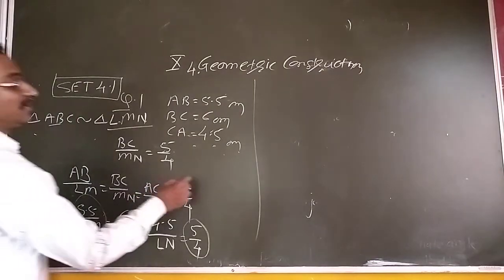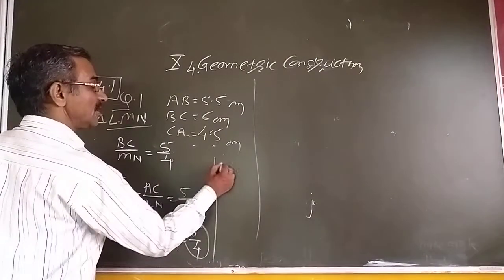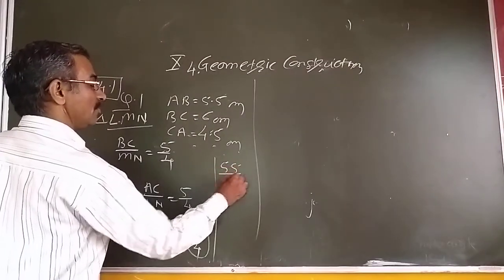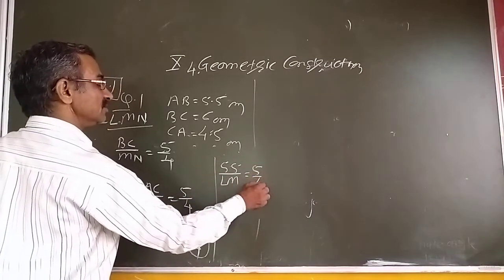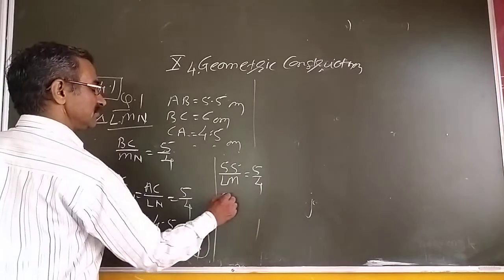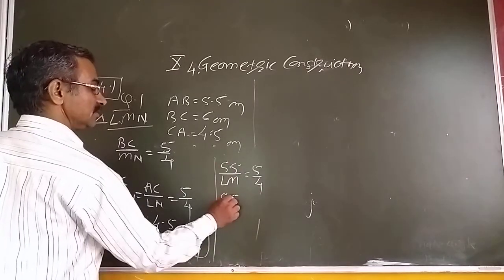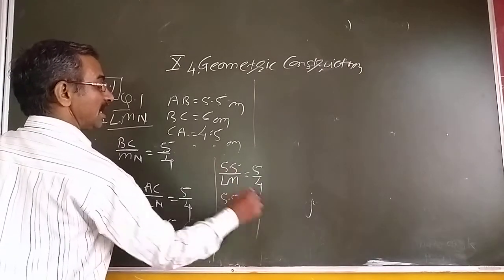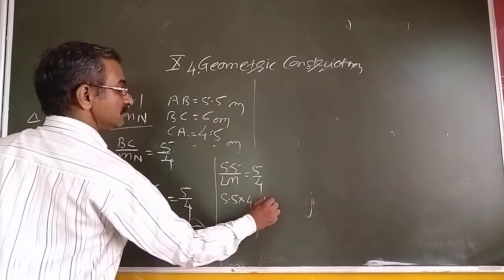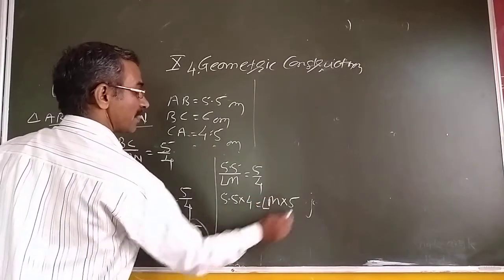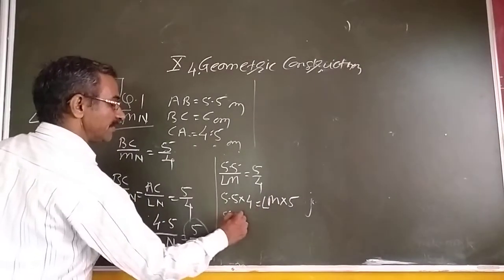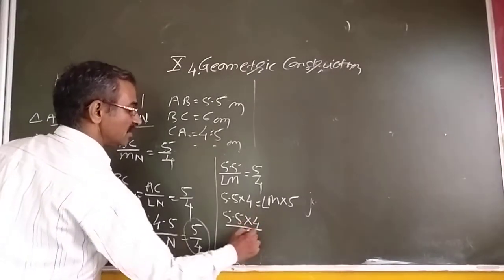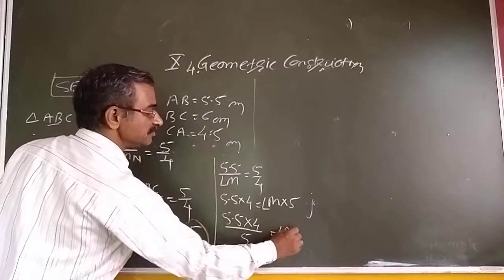From that, we are finding out the length of LM. So 5.5 upon LM is equal to 5 upon 4. By cross multiplication, 5.5 into 4 is equal to LM into 5. Then this 5 goes downside in division, so we get 5.5 into 4 upon 5 is equal to LM.